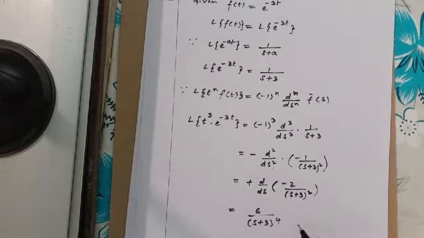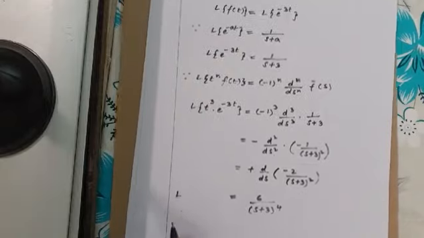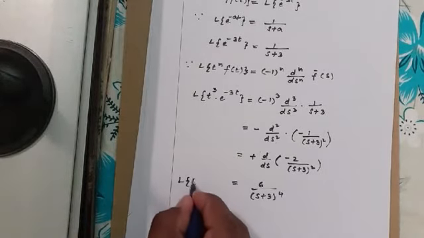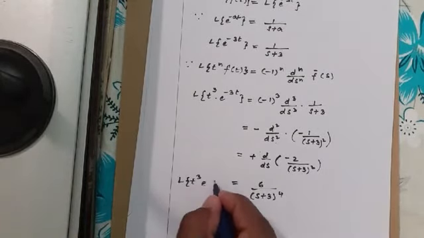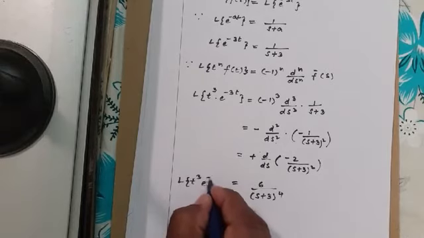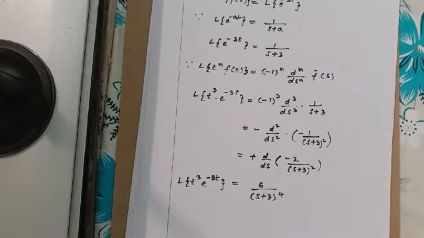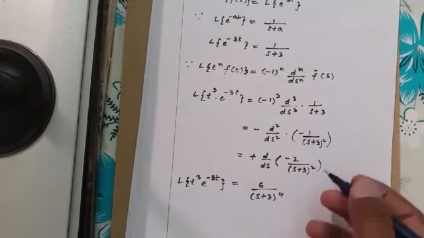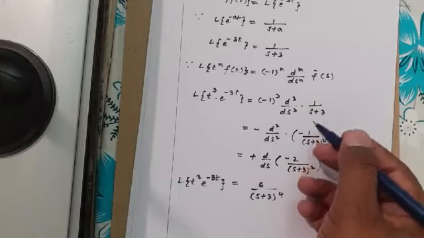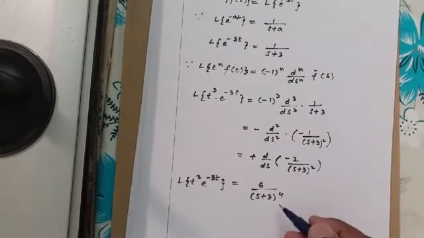I am using here the formula of d by dx of 1 by x, which is equal to minus 1 by x square. So I have differentiated this term again and again, so that you got the answer 6 upon s plus 3 whole power 4. So this is the solution for the given problem.